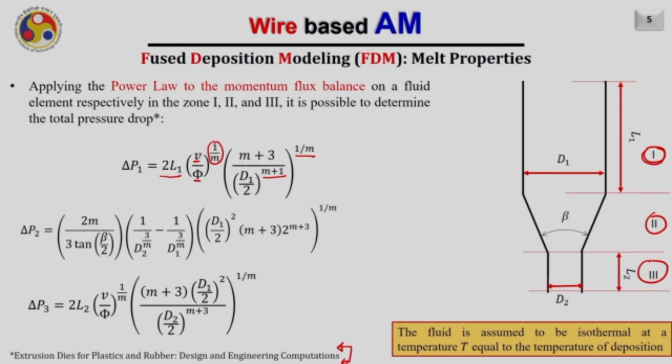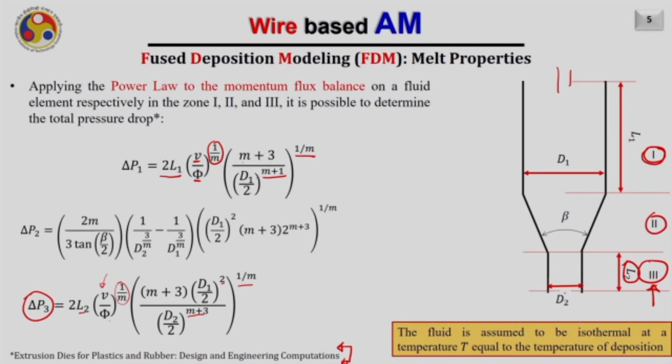In a similar fashion, the pressure drop in zone 3 will be delta P3 equals 2L2 V divided by phi to the power 1 upon m, bracket m plus 3, (d1 by 2) to the power 2, (d2 by 2) to the power m plus 3, to the power 1 upon m, where V is nothing but the velocity of the wire which is entering the nozzle, and L2 is the length of zone 3.